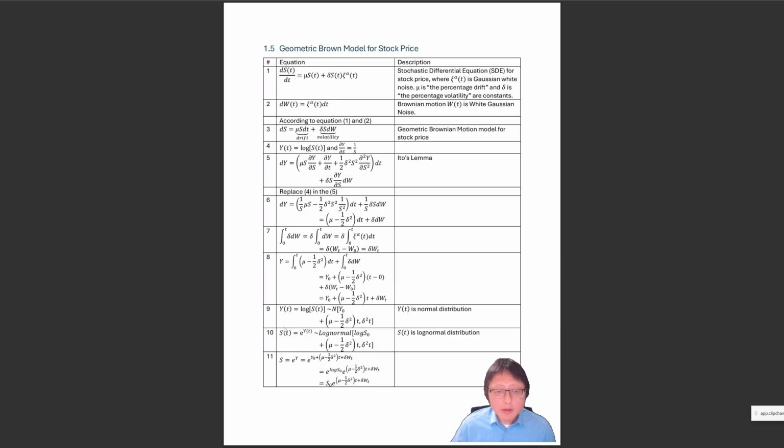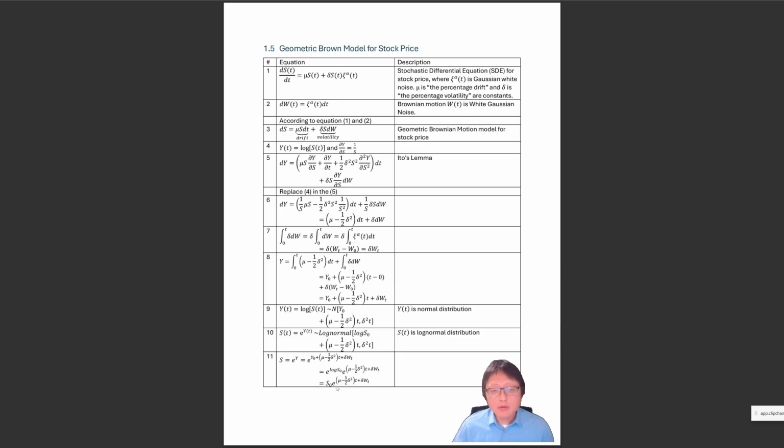Then let's go back to the solution of s. Because we already got y equal to this, and we know s is just e to the power of y, we get the solution of s, which is the stock price. Basically, the stock price is related to the stock price at time 0 and the exponential of this part and this part. So from equation 11, we get the stock price expression.